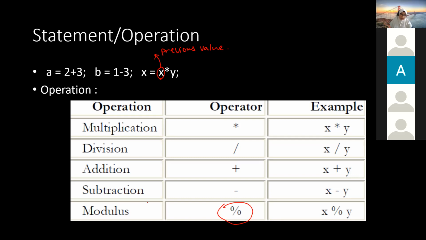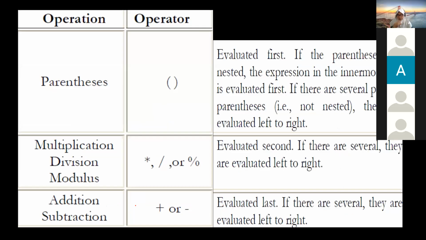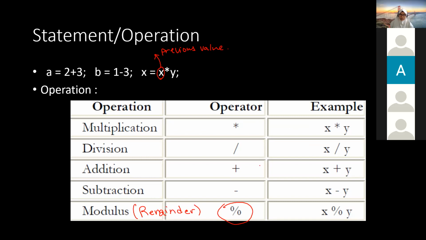Modulus is also something that is called the remainder. Not remainder, something that remains. Baki, macam kita buat long division, like what we did in long division. Maybe I can show you some examples.